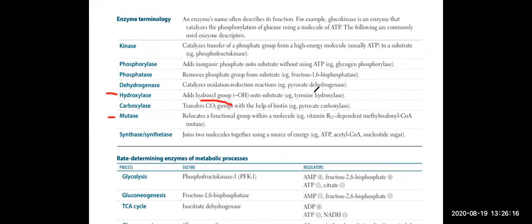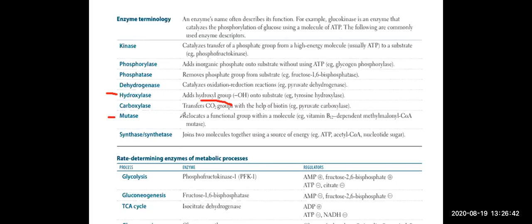Tyrosine hydroxylase we have studied already in our previous pharmacology. We have studied that from tyrosine you produce dopamine, epinephrine, norepinephrine, right? So you are adding a hydroxyl group to that chain and you're forming new compounds. So it's simple, adding a hydroxyl group.